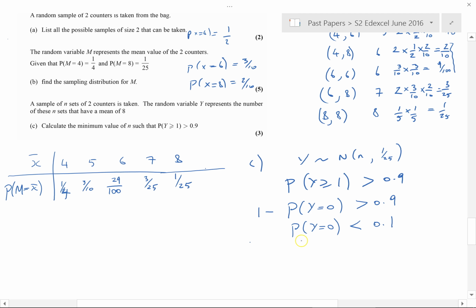Now y equals 0, this is binomial. So if there's no successes, that means we've got n lots of 1 minus that, which is 24 out of 25.